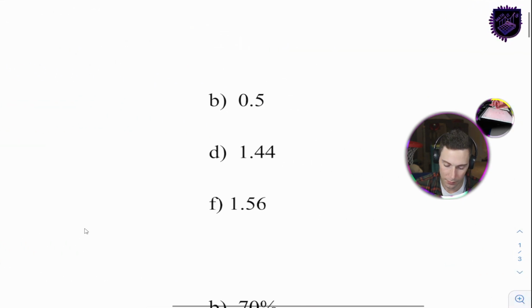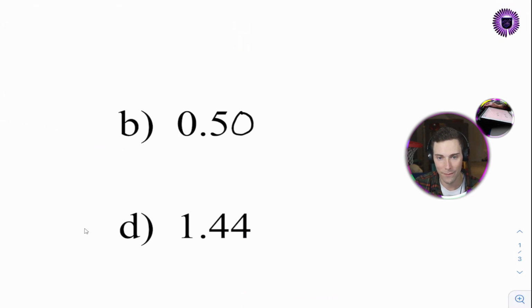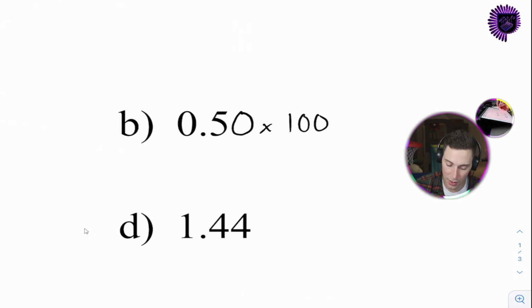1b, 0.5, we'll write this as 0.50 or 50 hundredths. Let's think of it, we can even write this out this time. Multiply this by 100 to get 50 out of 100. We turn a decimal into a percent by writing it as a multiplication statement.